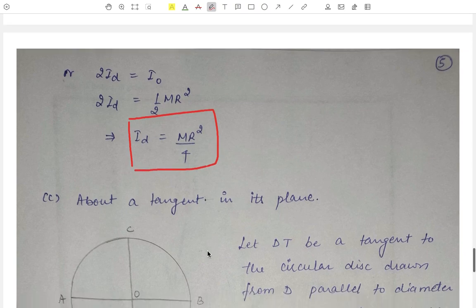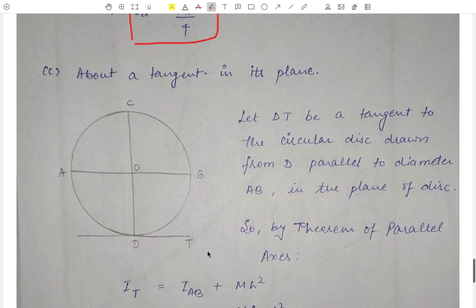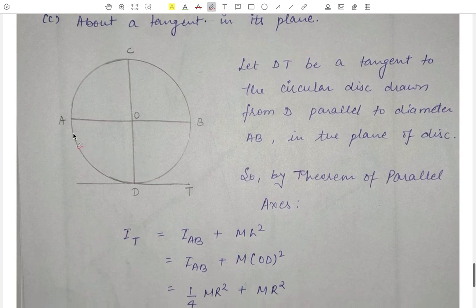This is the required moment of inertia about any of the diameters of the disk. Now, our next case is to find the moment of inertia of the disk about a tangent in its plane. Let DT be one such tangent drawn from point D and parallel to the diameter AB in the plane of the disk. So here we have two axes parallel to each other, AB and DT.